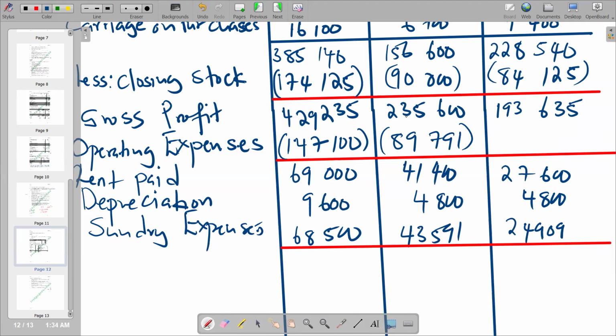We add again 24,909. We get 57,309. So to verify your calculation, if we add these two figures, you're supposed to get 147,100, which is correct.